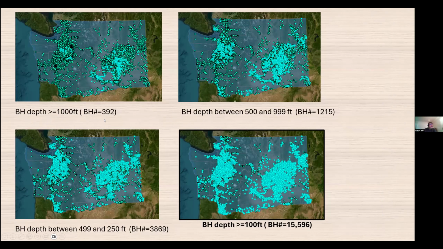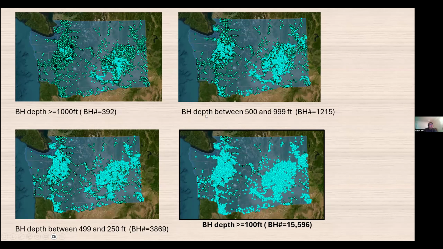Some of them, three or four, go very deep, like 1,000 to 9,000 feet. They are maybe critical for bedrock and other information. So they are rare data, so we save them and make them public.